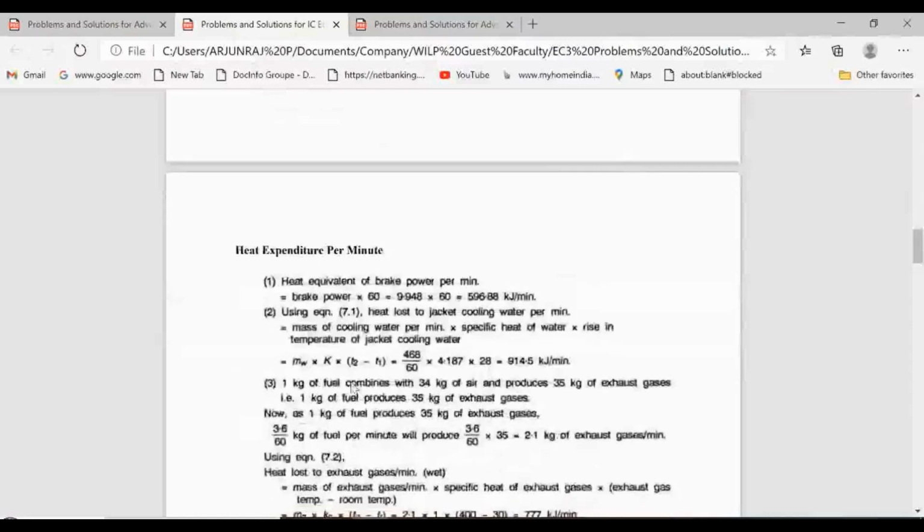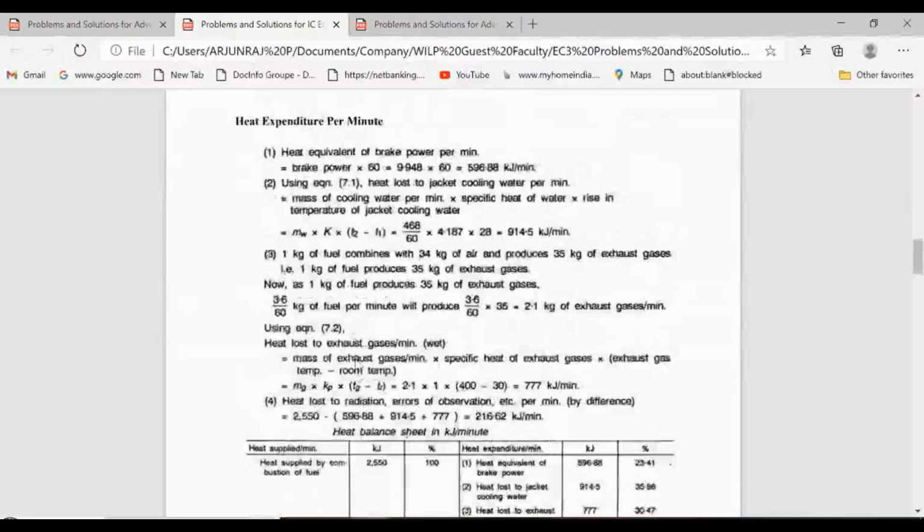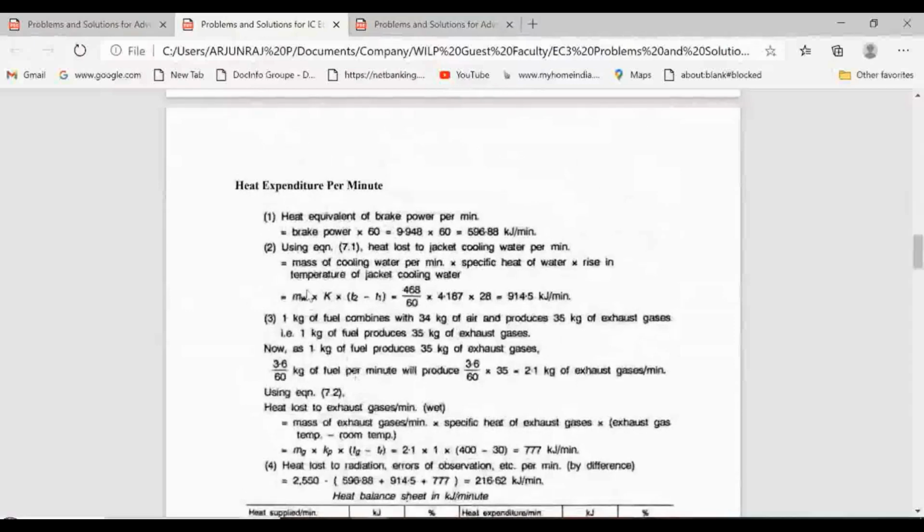Okay, now similarly we have to do it. In the previous class I have explained this also. So now what you have to do is find out the heat loss in the form of brake power, and we don't need to find the separate indicator, sorry, friction power. You listen to this very carefully.